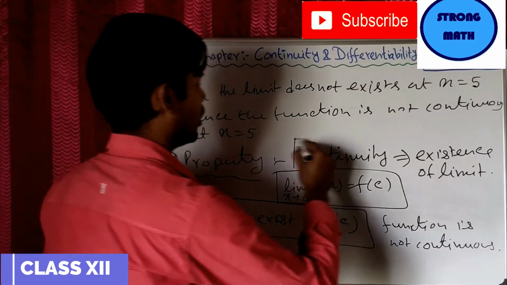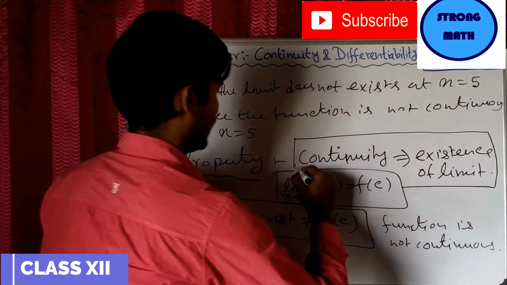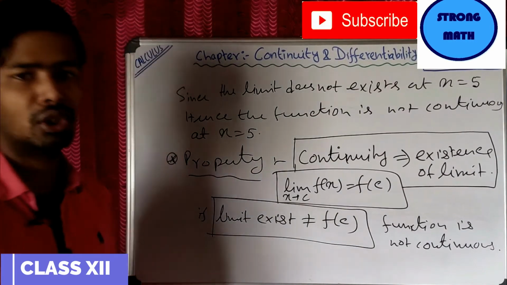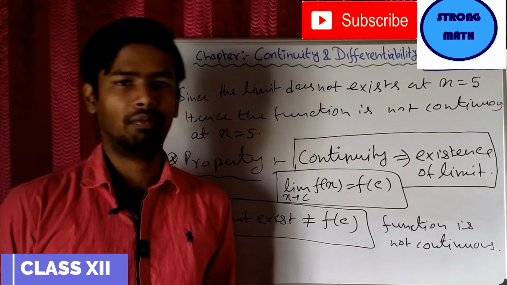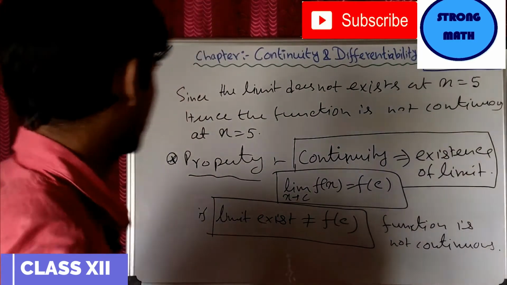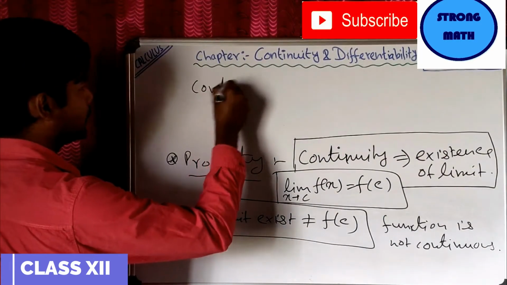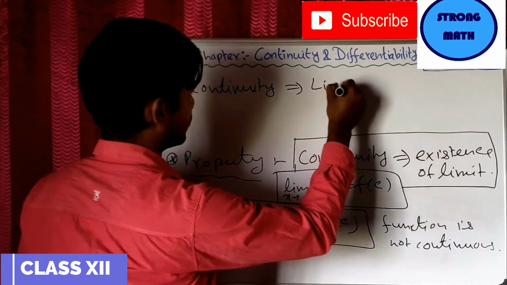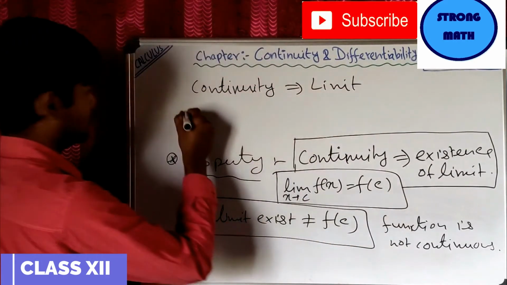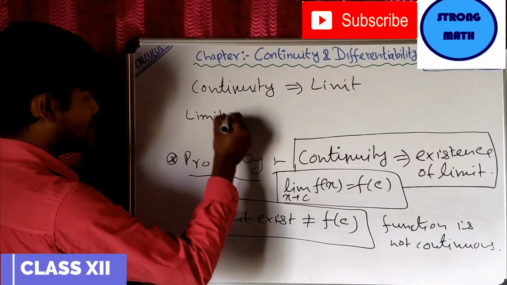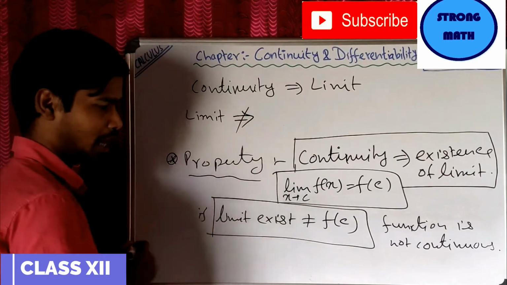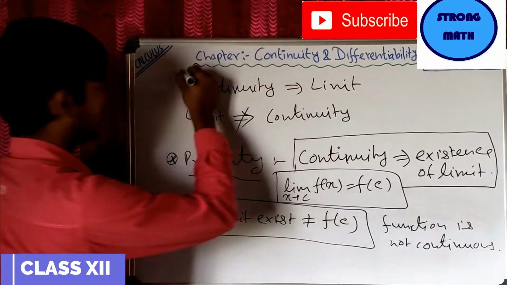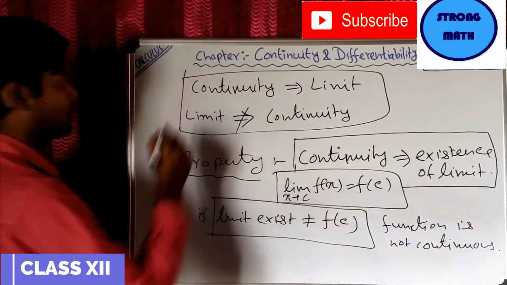So continuity of a function implies existence of limit, but existence of limit does not assure the continuity of the function. Clear? So continuity implies limit always, but in general, limit does not imply the continuity of the function. Okay, remember this property.